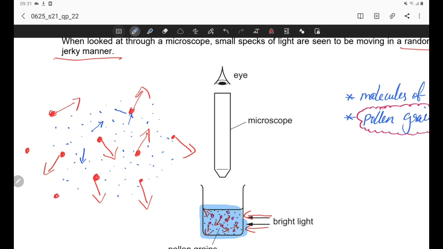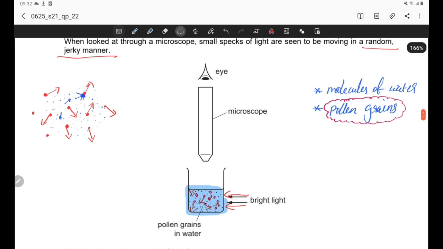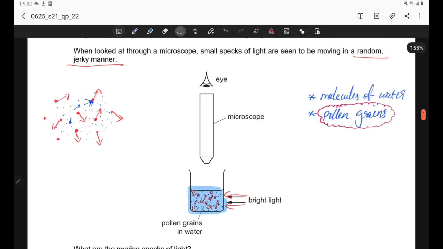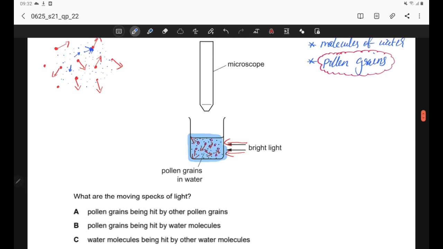So these water molecules will hit these pollen grains continuously, which will cause the pollen grains to move in random directions. But we can see only pollen grains. We cannot see the water molecules hitting the pollen grains, and because of that the pollen grains are also moving in random directions. Now we can look at the options.